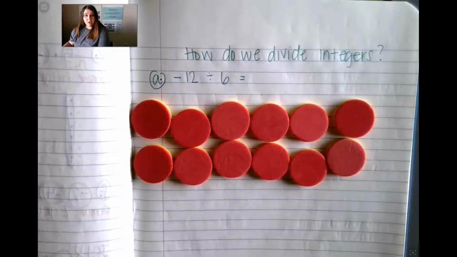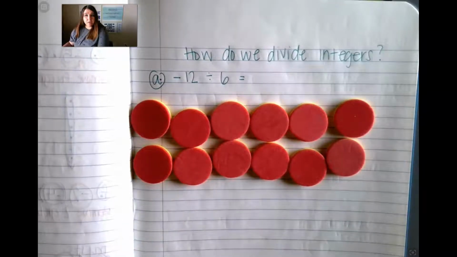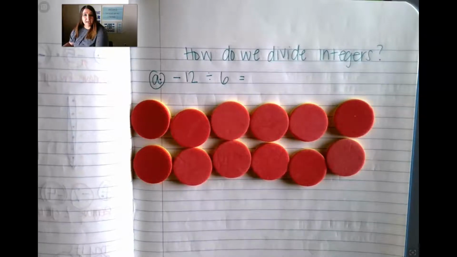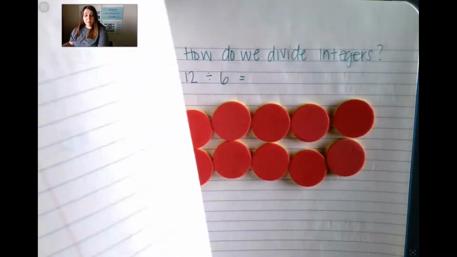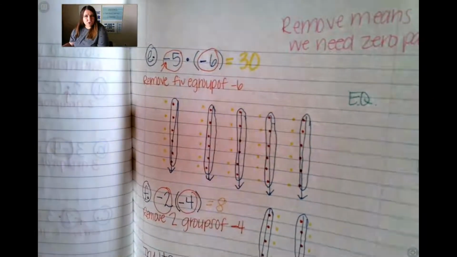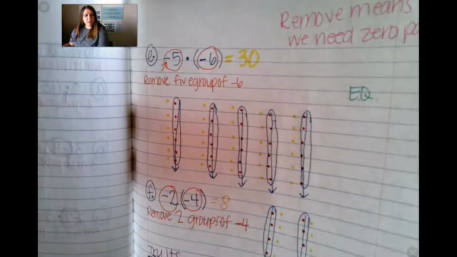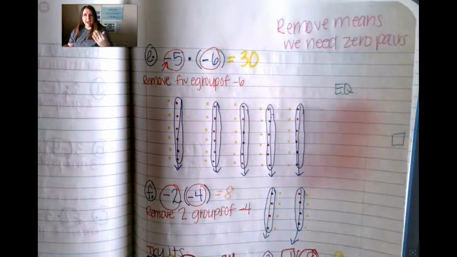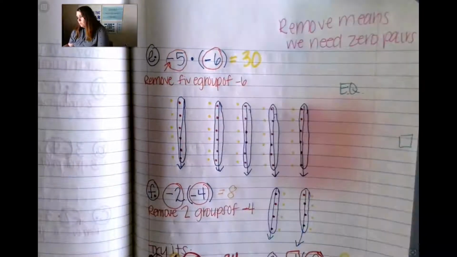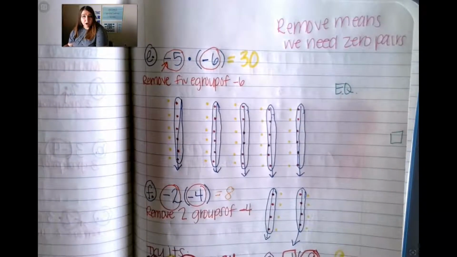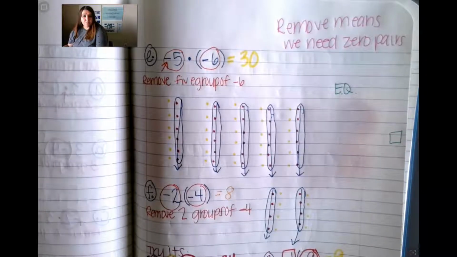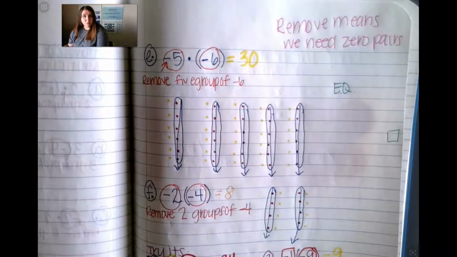Hi, sixth graders. We are going to be continuing learning about multiplication and division of integers. By learning how to divide integers today, we're going to grow from what we learned in our last lesson around groups of with multiplication.